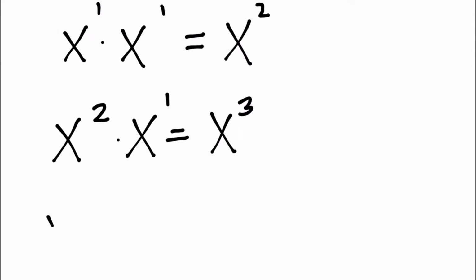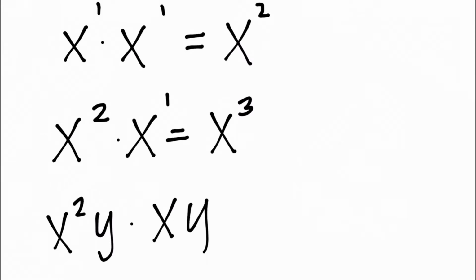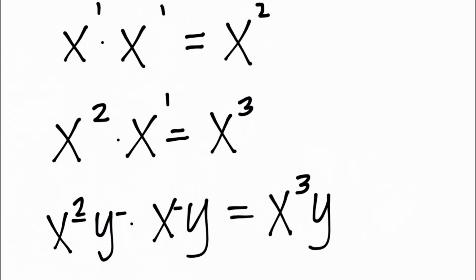If we have x squared y times xy, we add up the exponents for each variable. So we start with the x. 2 plus 1 is 3. And then we do y. 1 plus 1 is 2.